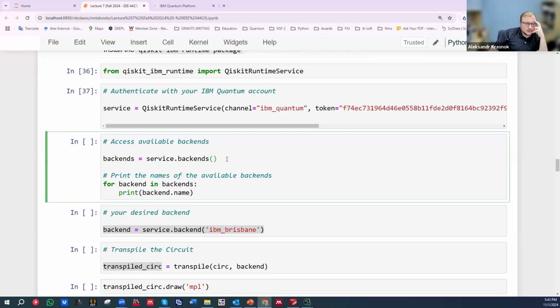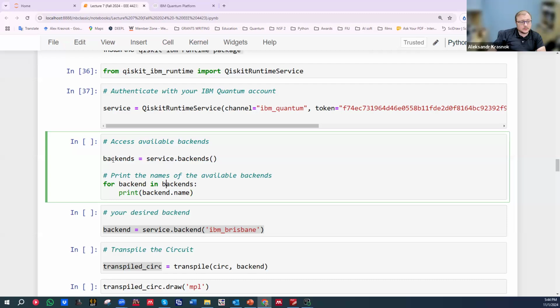In order to check which backends, which computers are available for your simulations, you run service.backends to download the list of backends, and then you can return the list of them.